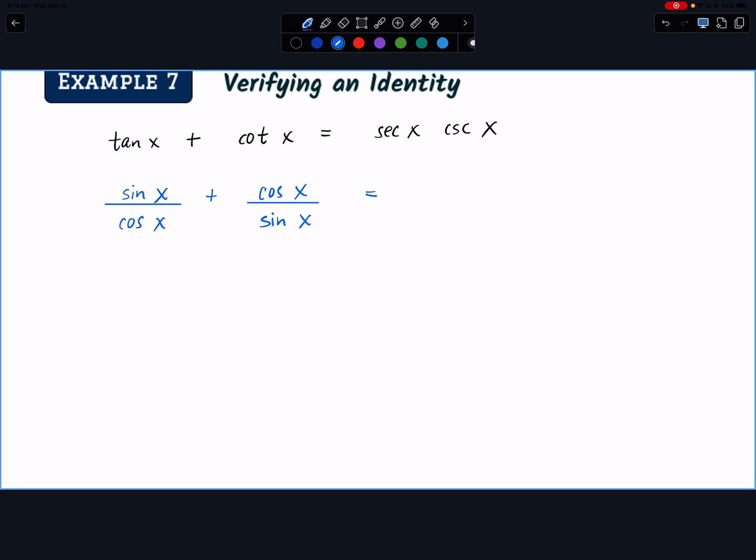So these don't have anything in common, so the LCD would just be sine x cosine x. So I'm going to multiply top and bottom of this by sine x. I'm going to multiply top and bottom of this by cosine of x. Is everybody cool with that?